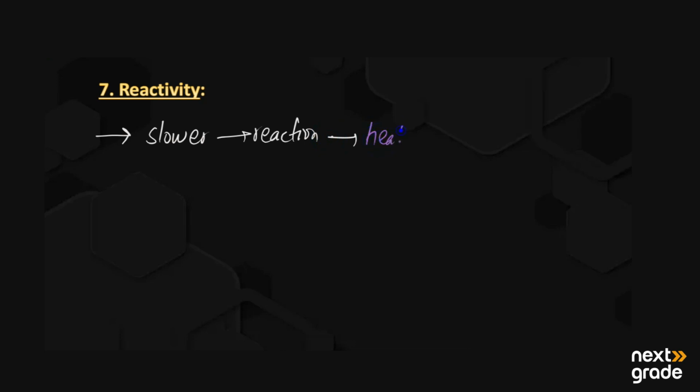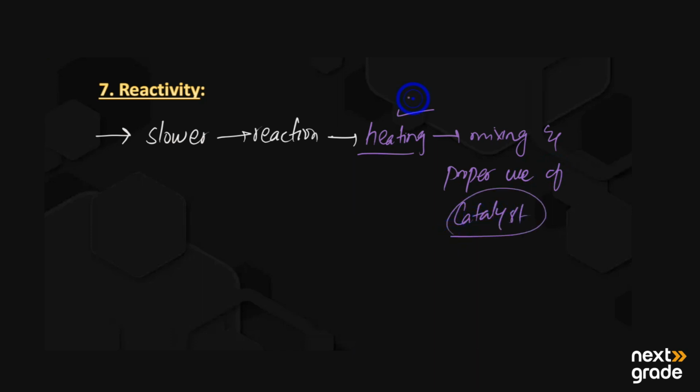So these reactions mainly require the heating for the mixing and for the proper use of the catalyst. So that's why the reactivity of the organic compound is less as compared to the inorganic compounds.